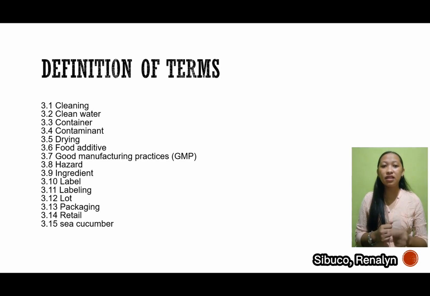The term does not include substances added to food for maintaining or improving nutritional qualities.